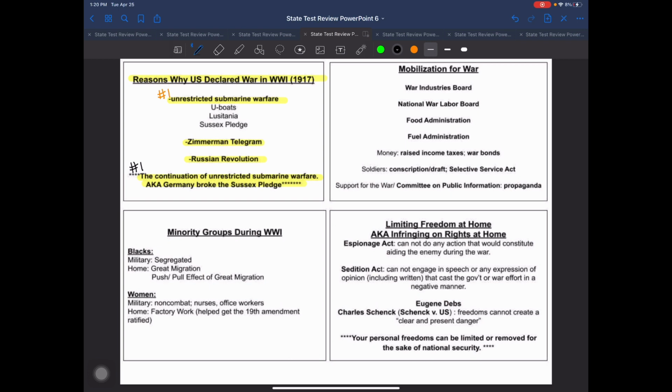Now, back up here, first of all, we have these U-boats. And what these are, they are German submarines. And these German submarines are pretty fatal when it comes to warfare out in the waters, because they can easily go undetected.